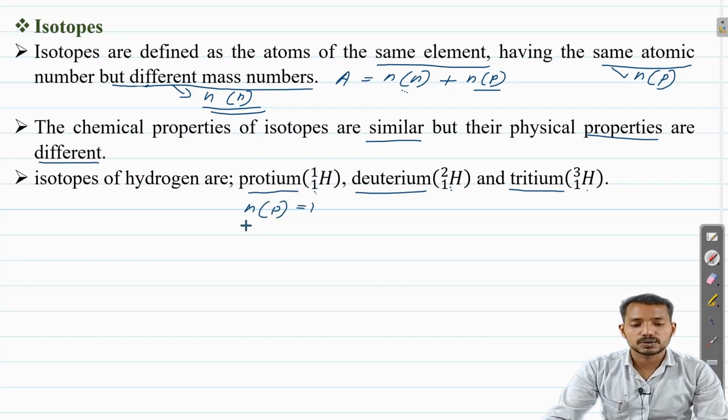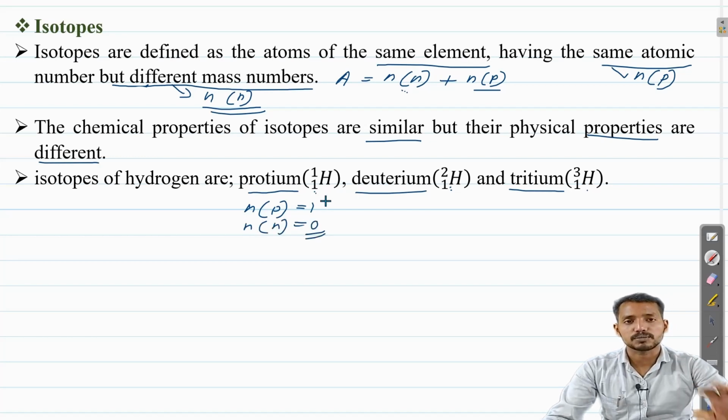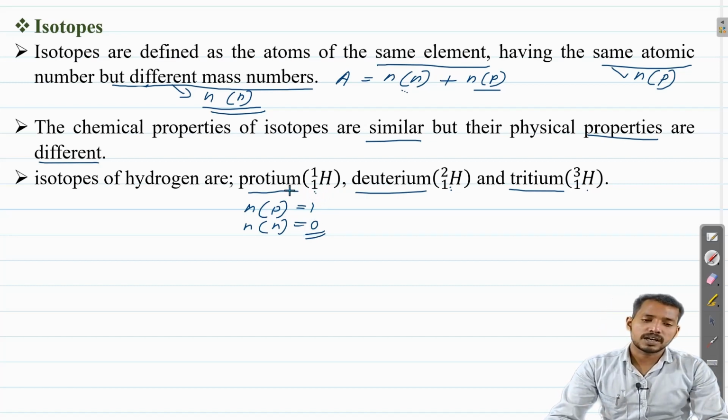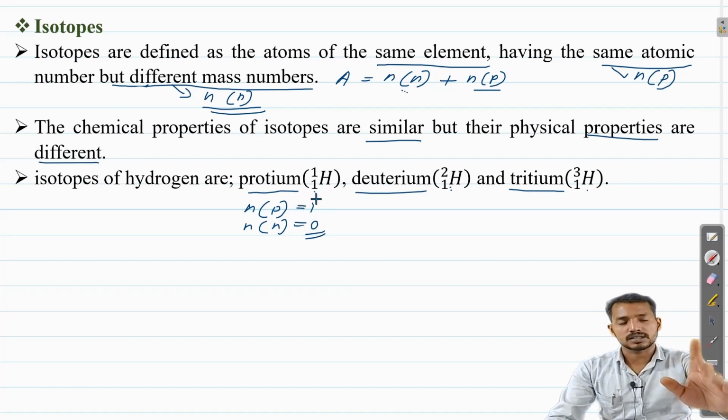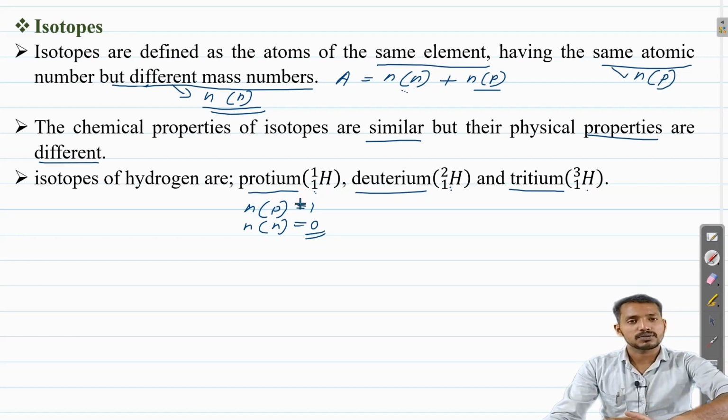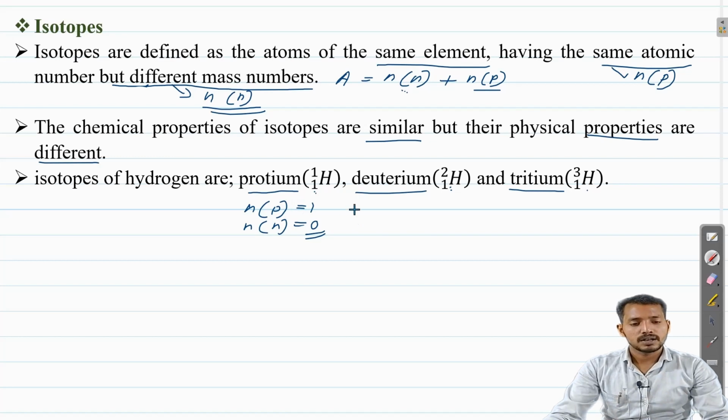And what is the number of neutrons in case of protium? Number of neutrons is 0. There is no neutron present in the nucleus of the normal hydrogen atom. And the number of electrons in a neutral hydrogen atom is 1, but we are not going to discuss that. In case of isotopes, number of electrons is irrelevant.